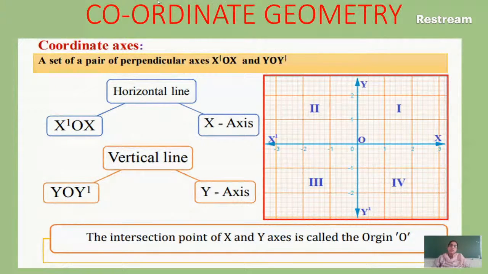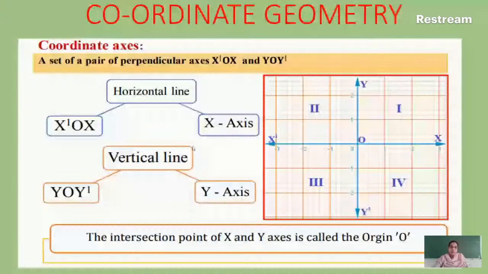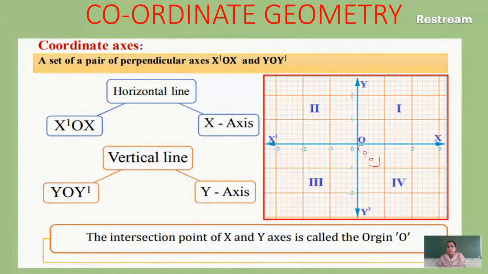The intersection point of x and y axes is called the origin. Here you can write your origin as 0, 0. 0, 0 means here x coordinate is also 0 and y coordinate is also 0. Usually we take the intersection of x and y axis at this point, and this one we are going to call the origin, right?